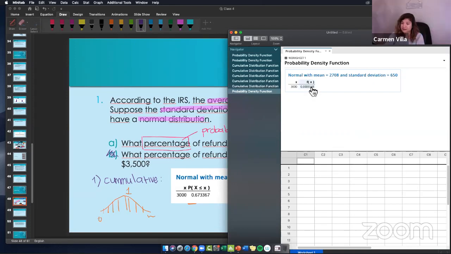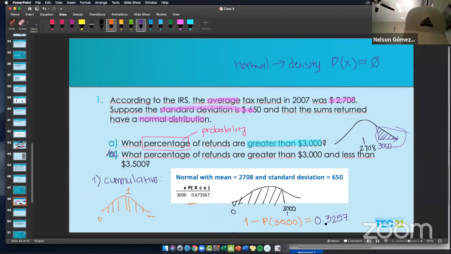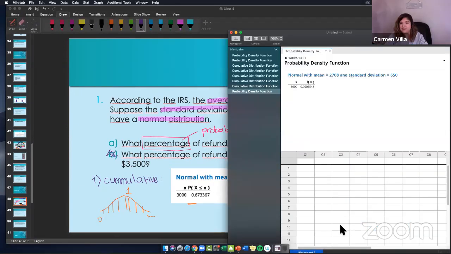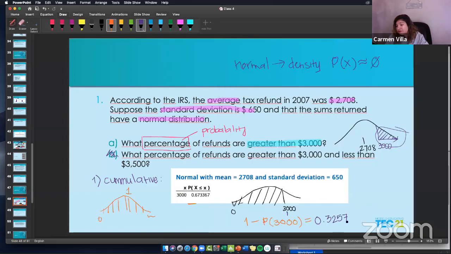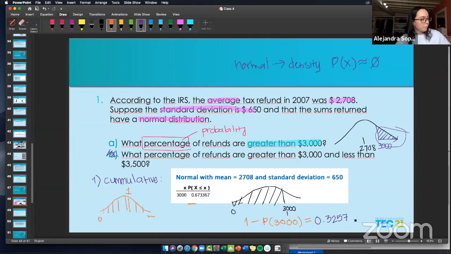So it is not 0, but it's very close to 0. If we make it 2,999, then the probability changes from 32.57% to 32.52%. So in percentages, 0.05 percentage is not that much. That's why we work it that way.